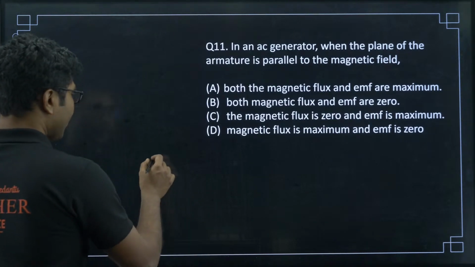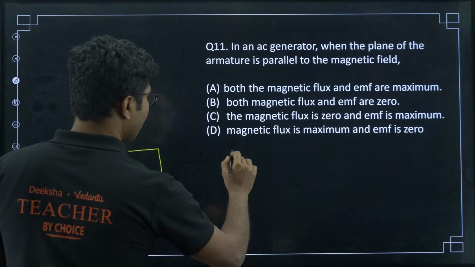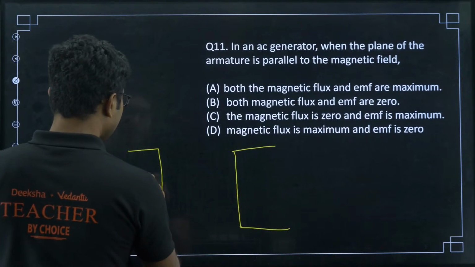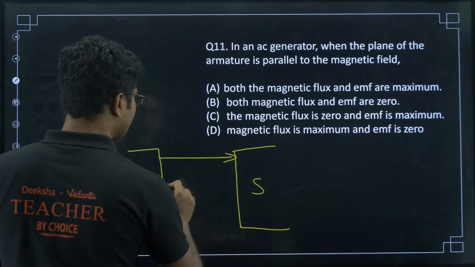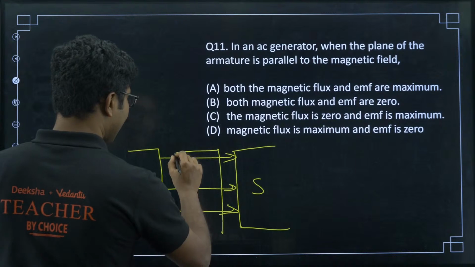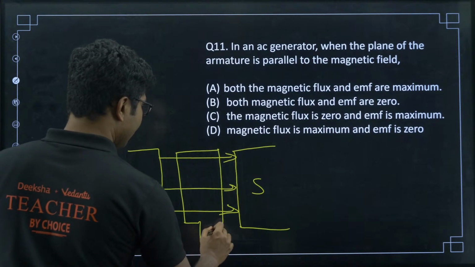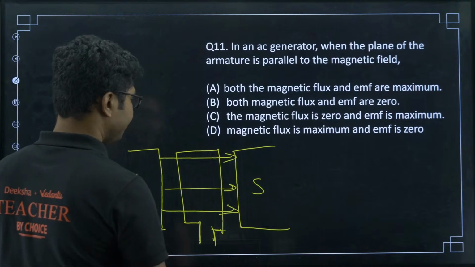So, let me draw the diagram to clear the doubts that you might have. Suppose we have a north pole, here we have a south pole, the magnetic field lines are passing like this. Now, there is a case where the armature is parallel to this field. So, what is the flux, what is the EMF?